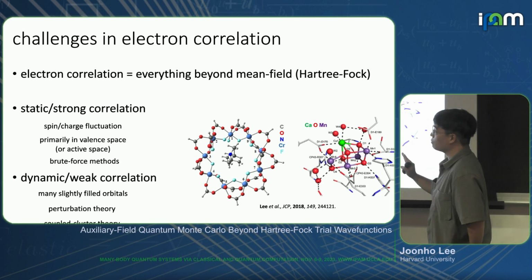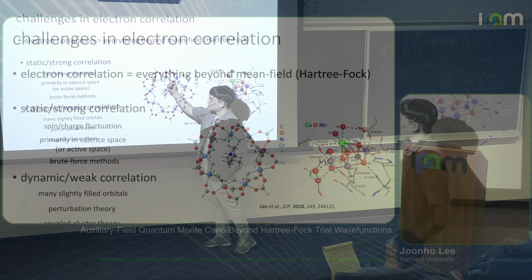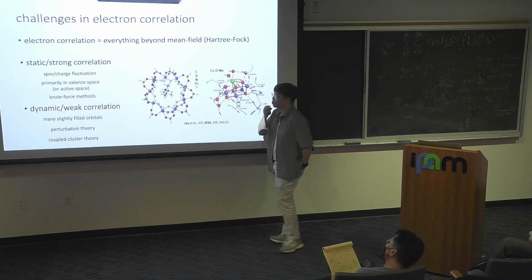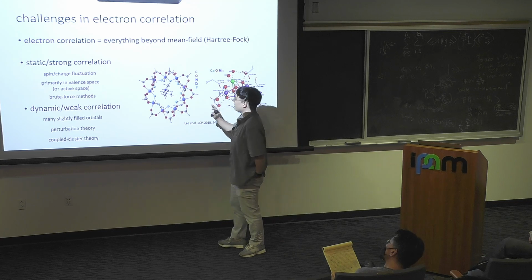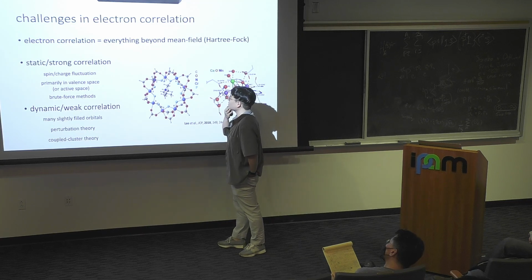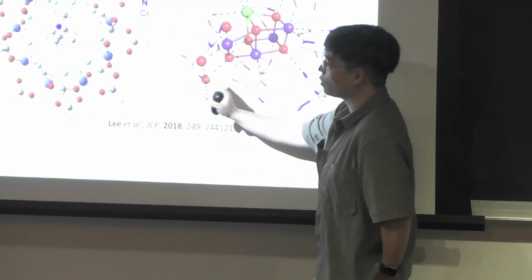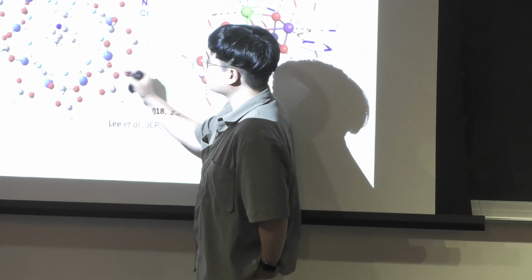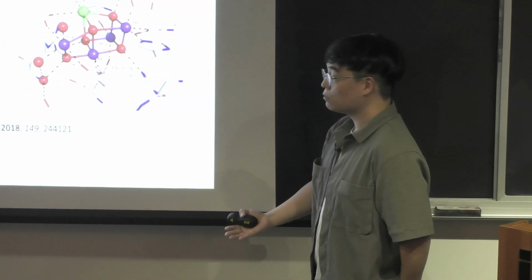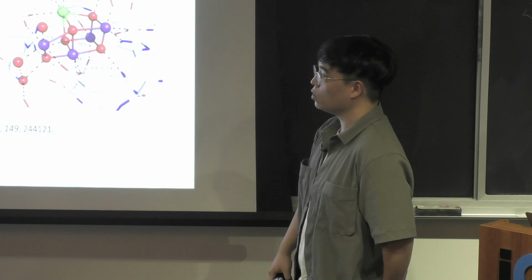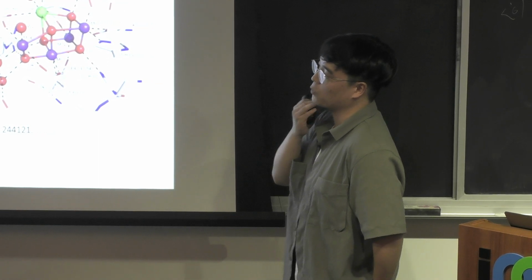This is where the spin fluctuation comes from, because you can't assign a single spin configuration for an individual chromium atom. But the even more difficult case to handle is charge fluctuation, where this bridging fluorine atom takes away some electrons or donates some electrons to the chromium ions here. So with charge fluctuation and spin fluctuation together, we don't really have a good method to handle this other than the brute force approach.